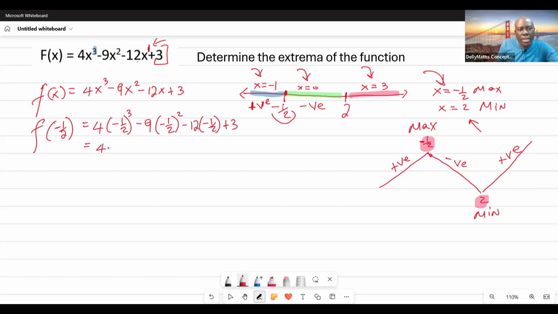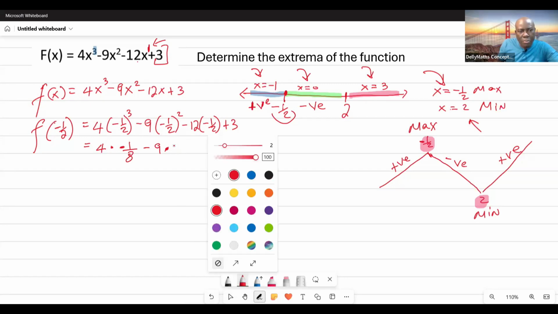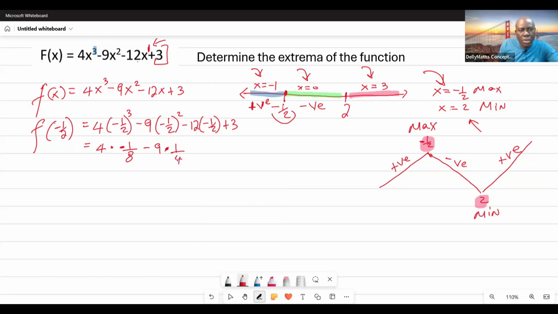We could just work this out quickly. So this is going to be 4 times negative 1/8, minus 9 times positive 1/4, because remember, when you square a negative, it's a positive, all right?